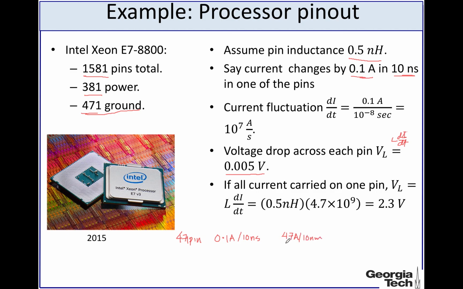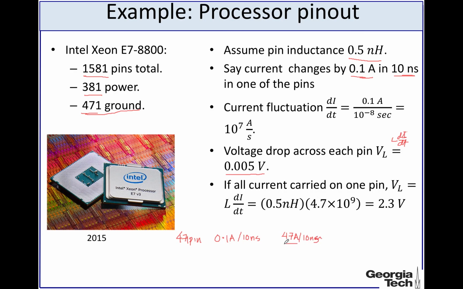Now 47 amps is a huge number. It may not be realistic, but for the sake of simplicity, let's assume that the total amount of current that changes in all the ground pins of this microprocessor is 47 amps within 10 nanoseconds.